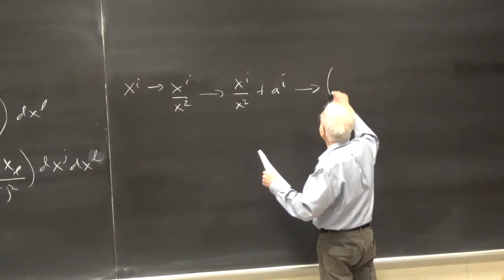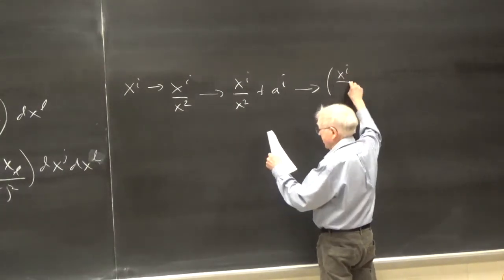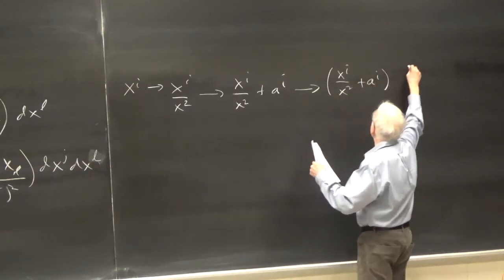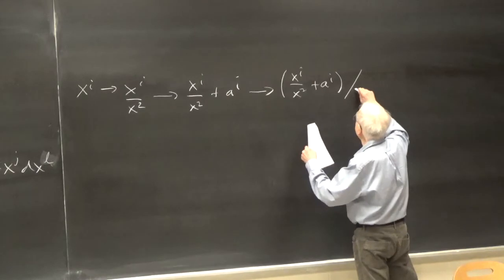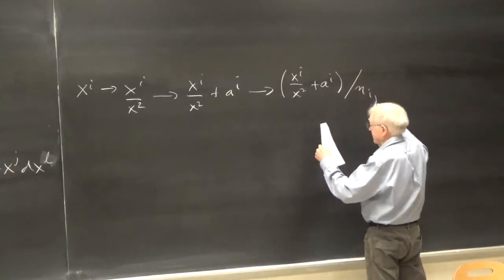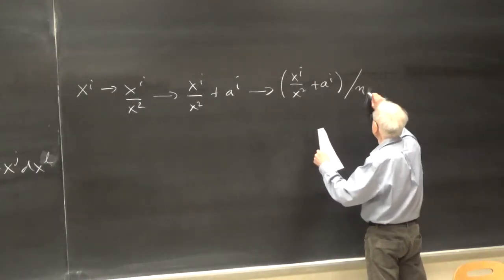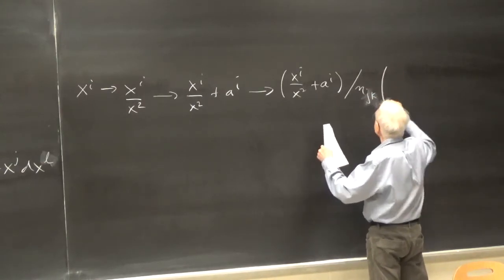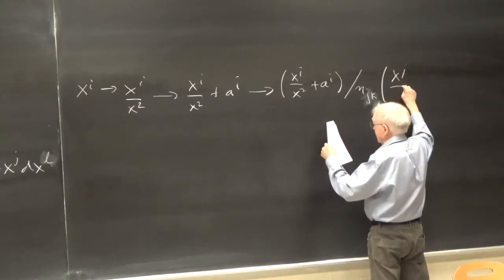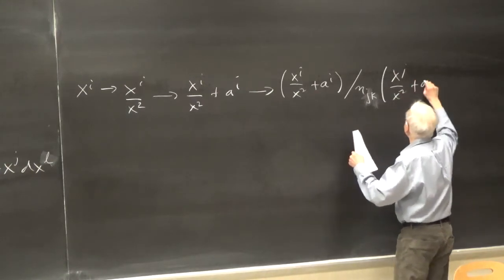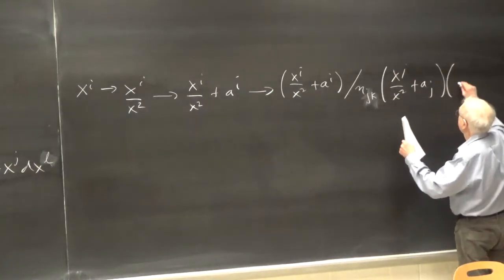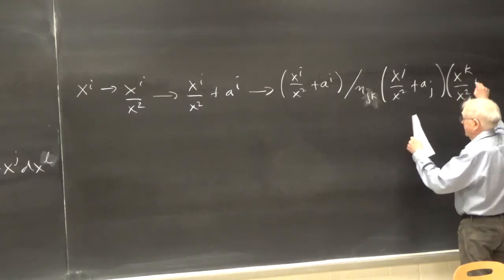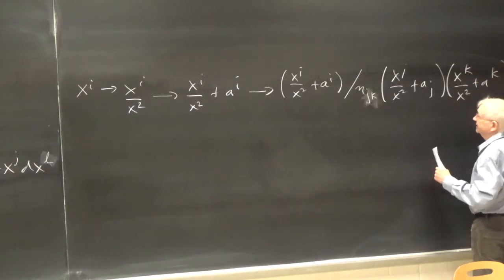And this would be then x^i over x squared plus a^i, all divided by eta_jk (x^j over x squared plus a^j)(x^k over x squared plus a^k).